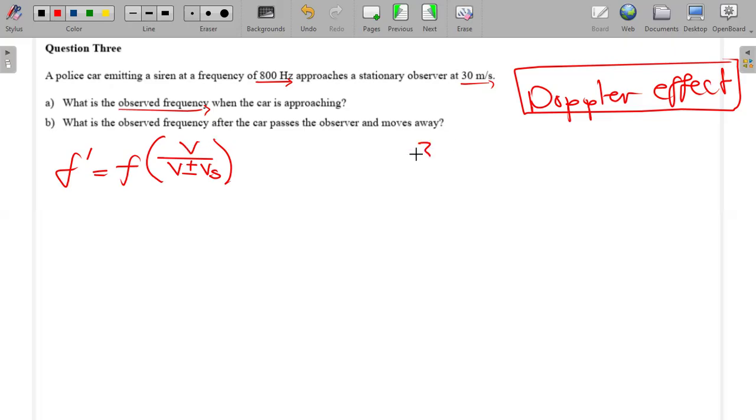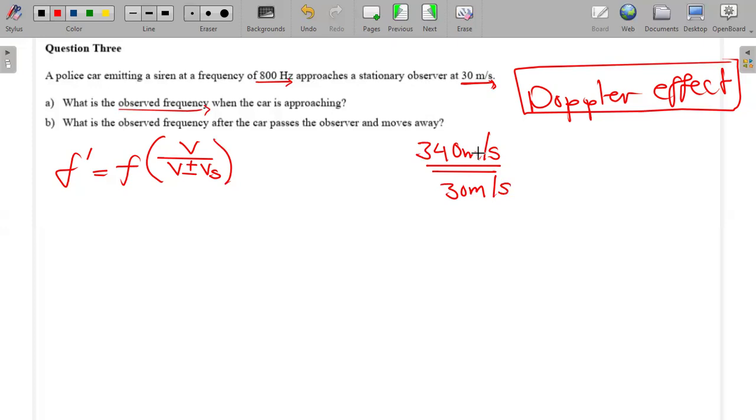We know the speed of sound in air is 340 meters per second, divided by the speed of sound in air again, plus or minus the speed of the source. This Vs is the speed of the source. And what is the source here? It's the police siren, which is 30 meters per second.